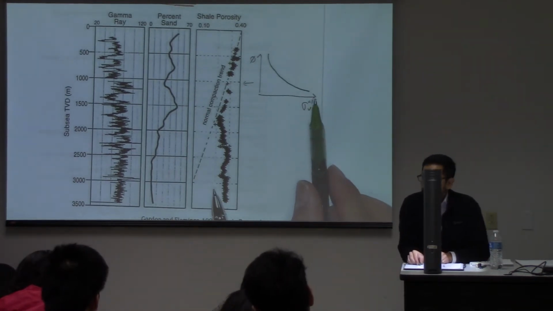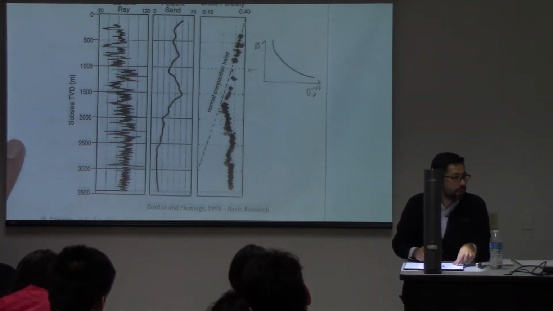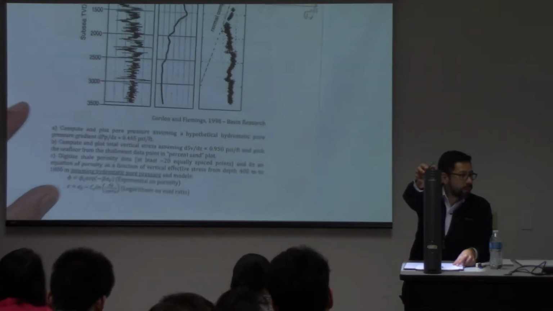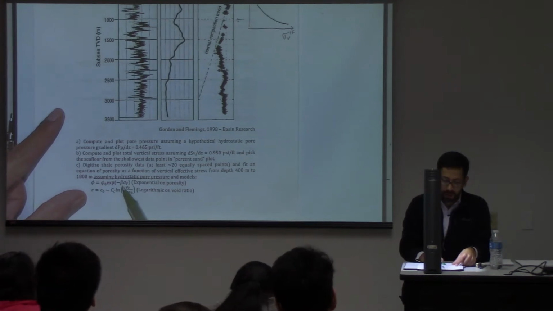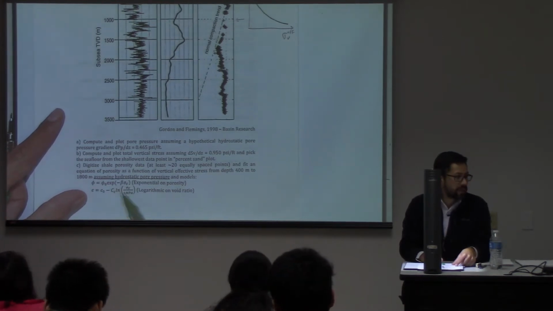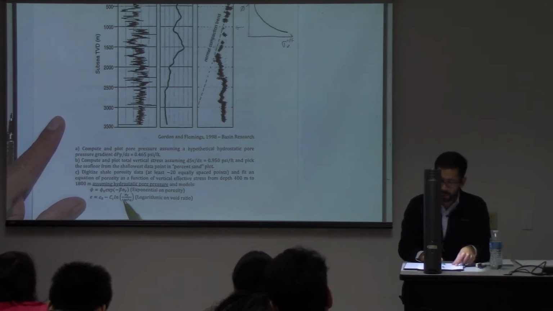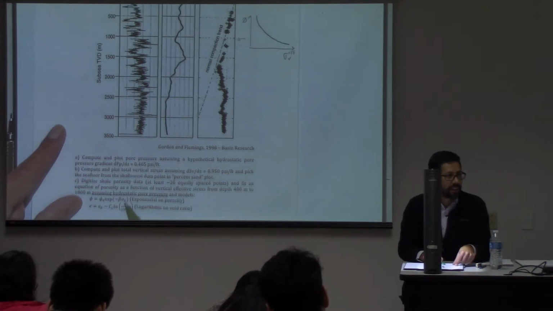And usually it's a non-linear relationship. If you go a little bit lower here in the page, you see that you have two possible equations to explain that relationship. Sometimes this one works better, some other times this one works better. But it's the same thing. It's a non-linear relationship between porosity and effective stress.